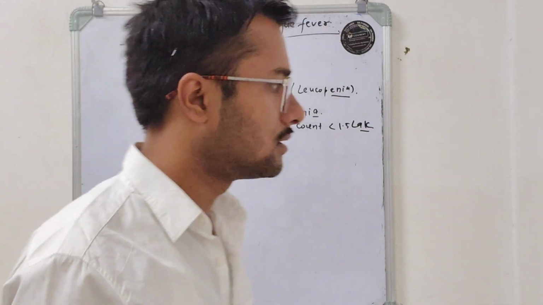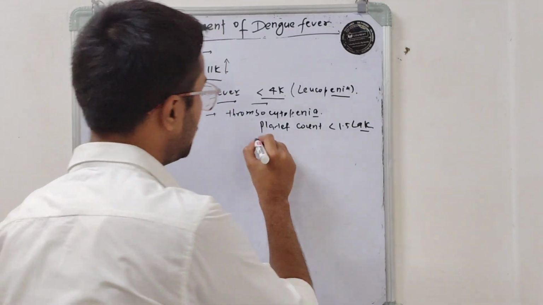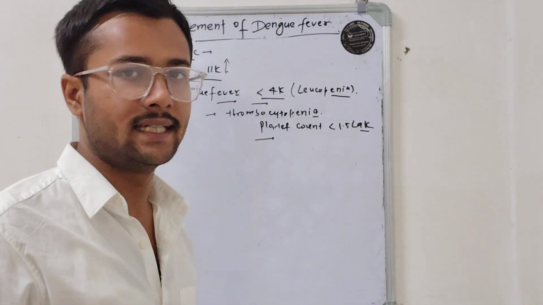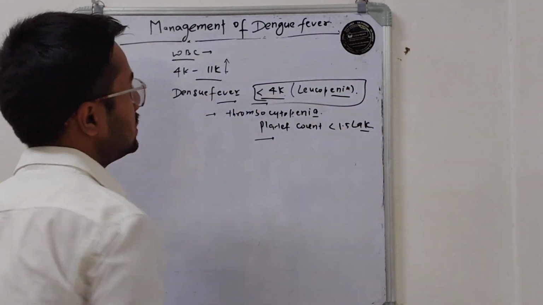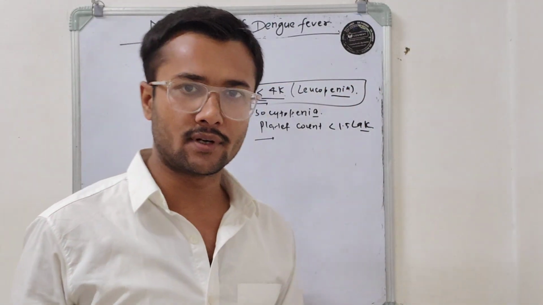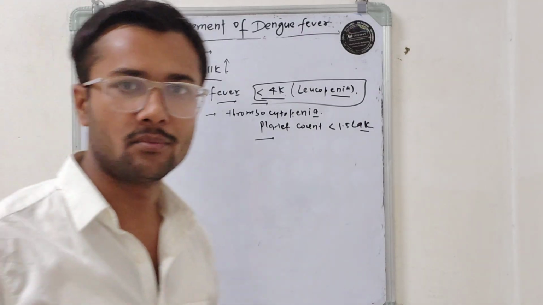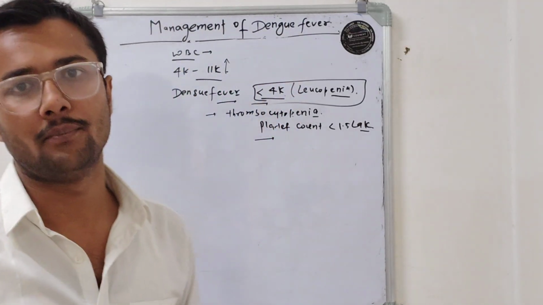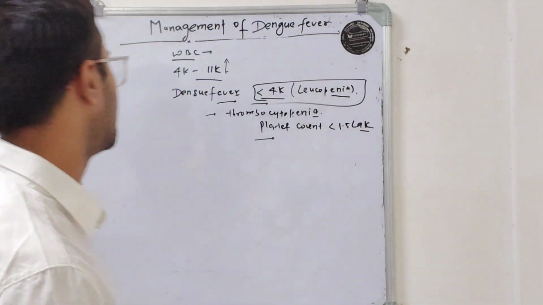So on the basis of this CBC count, we have to focus on two findings. One is that his WBC count is less than 4,000, and the patient may have thrombocytopenia, I mean his platelet count is less than 1.5 lakhs.